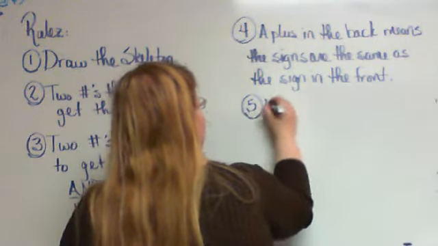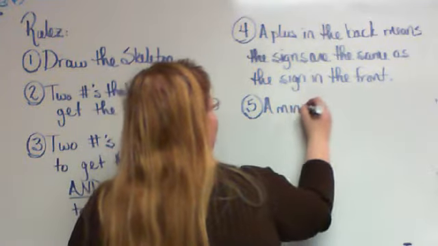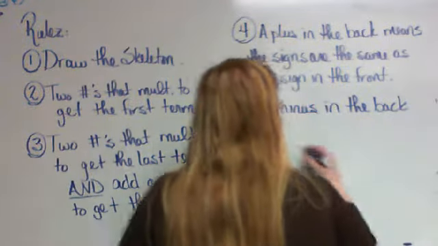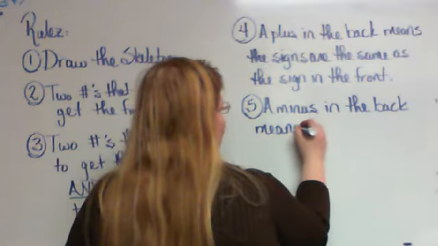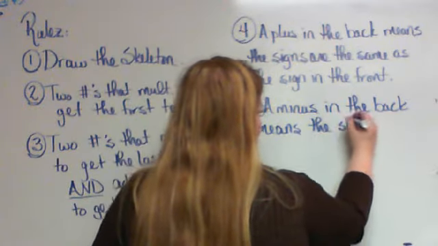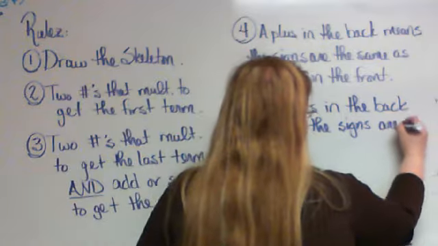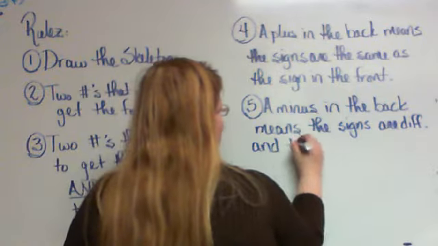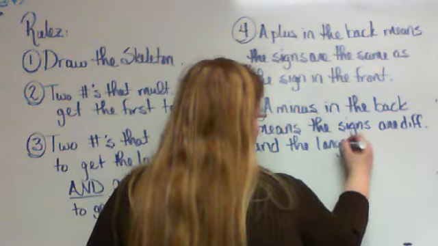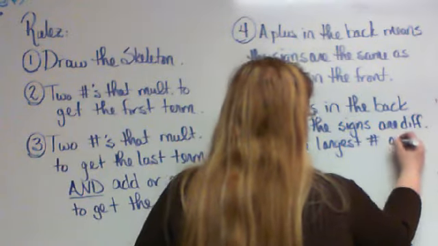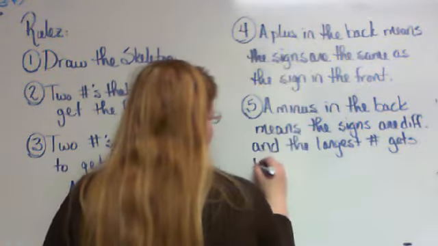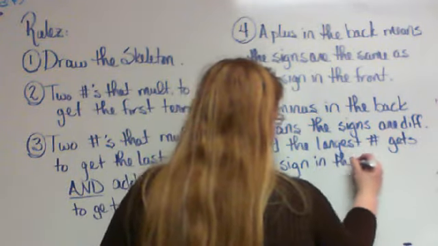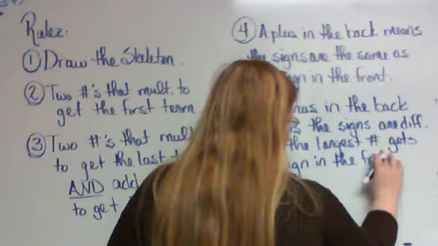Number 5: a minus in the back means the signs are different and the largest number gets the sign in the front. That's not how you spell front.